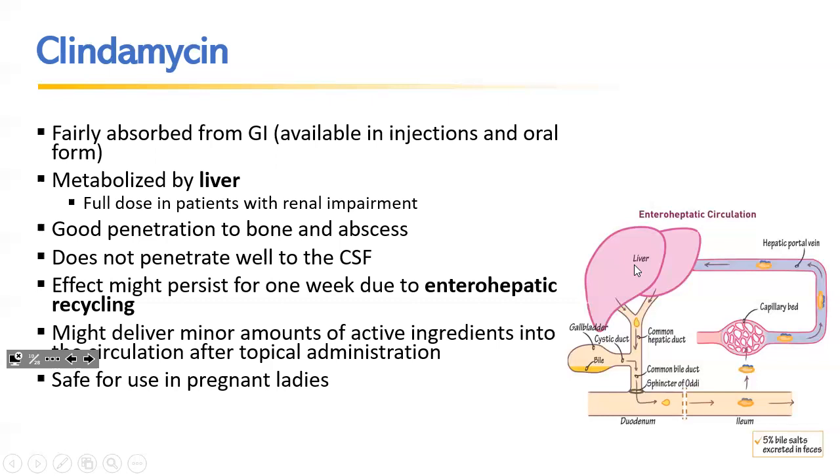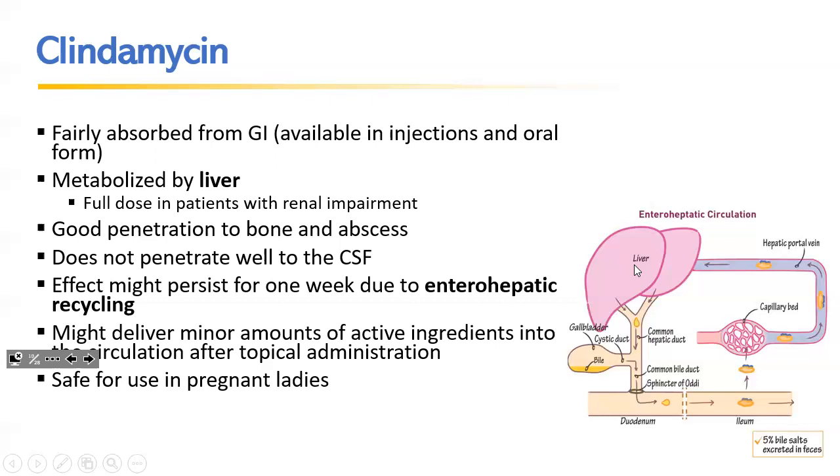Although with all of this image of clindamycin being a highly penetrating medication, unfortunately it doesn't penetrate into the CSF. It will be blocked by the blood-brain barrier. Also, it could be used safely in pregnant females.